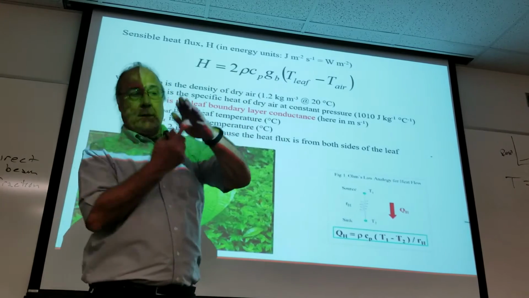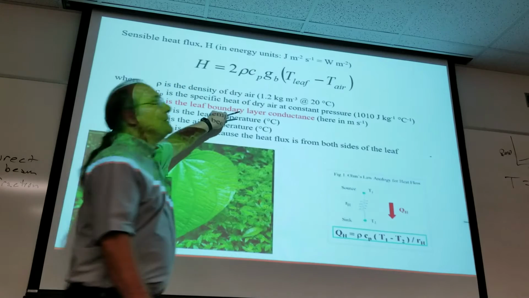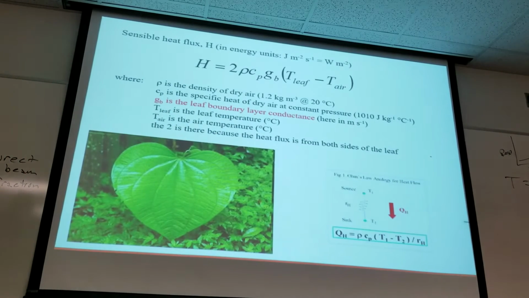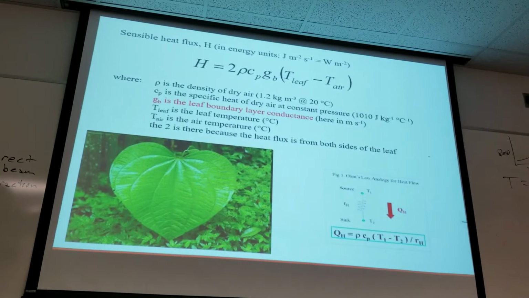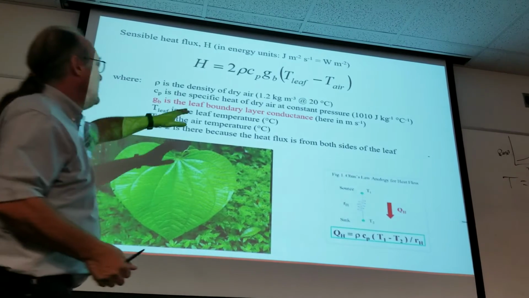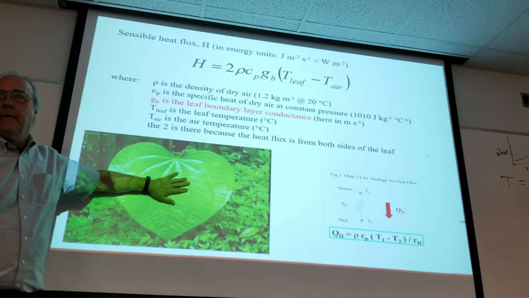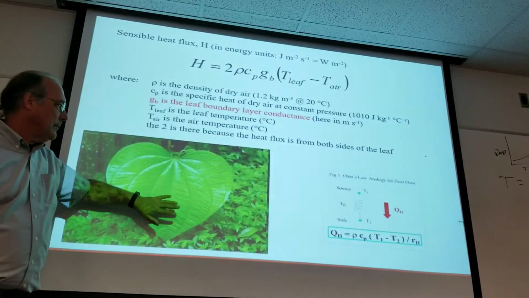And the 2 is because the leaf has 2 sides. Gb is the boundary layer conductance for the leaf. Right? It's that layer of still air next to the leaf. And since this is a heat flux, we don't have to worry about the stomata at all. They're not part of the problem.